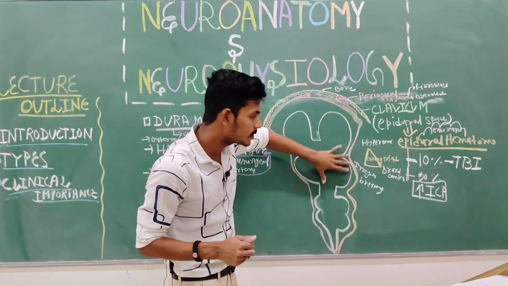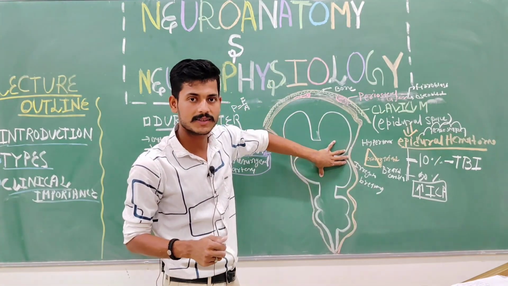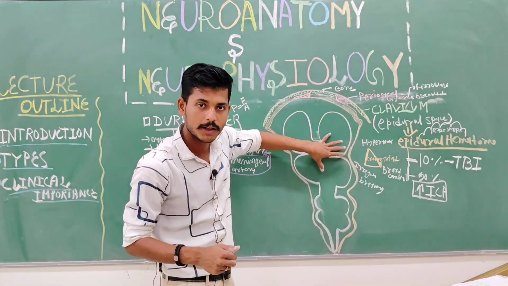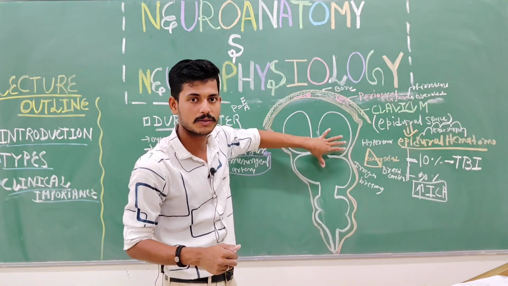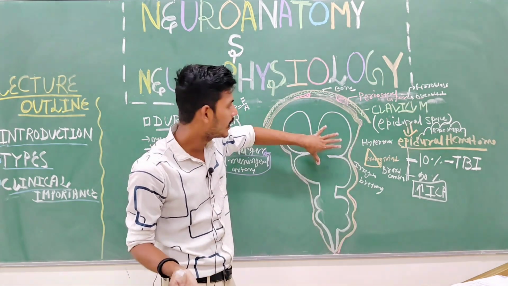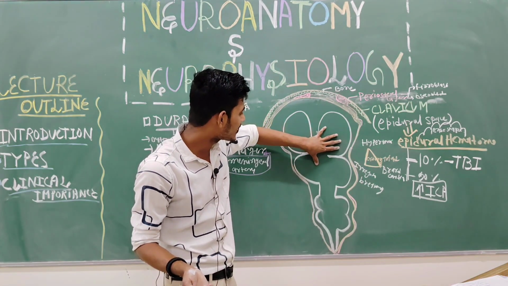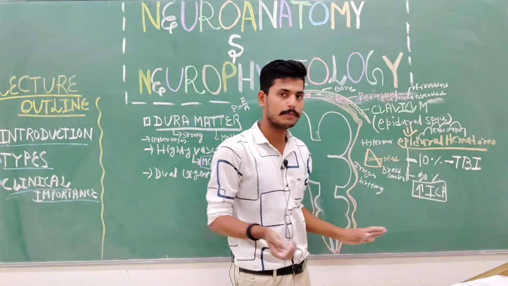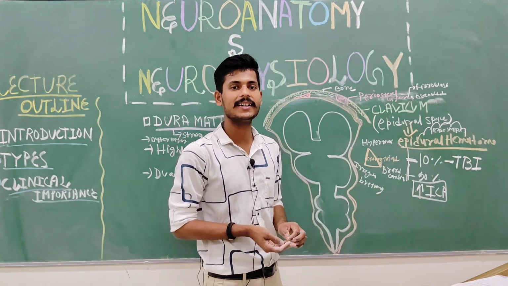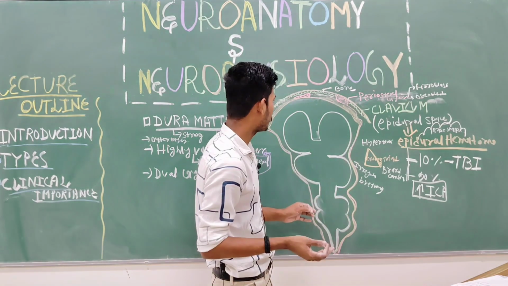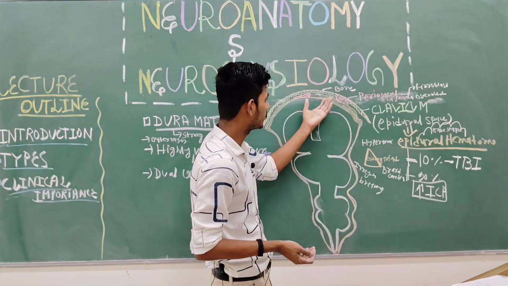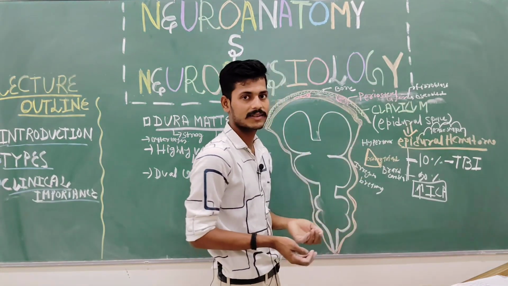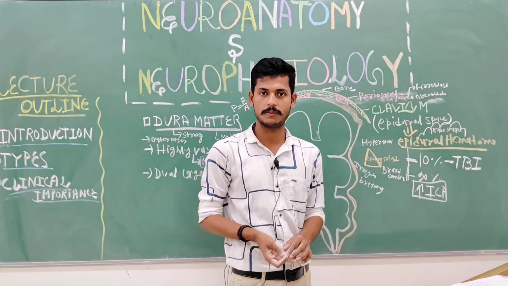As I said, the fluids present in the central nervous system cavity and the brain tissues, you have neurons, you have microglial cells, you have other cells, they exert a kind of force on this area, and this is termed the intracranial pressure. Now what is happening here? Because of the extra collection of blood, the intracranial pressure rises, and that is one of the signs of the epidural hematoma.